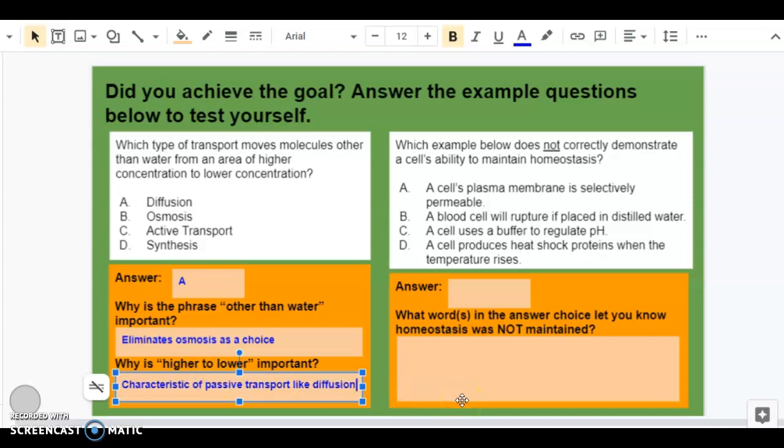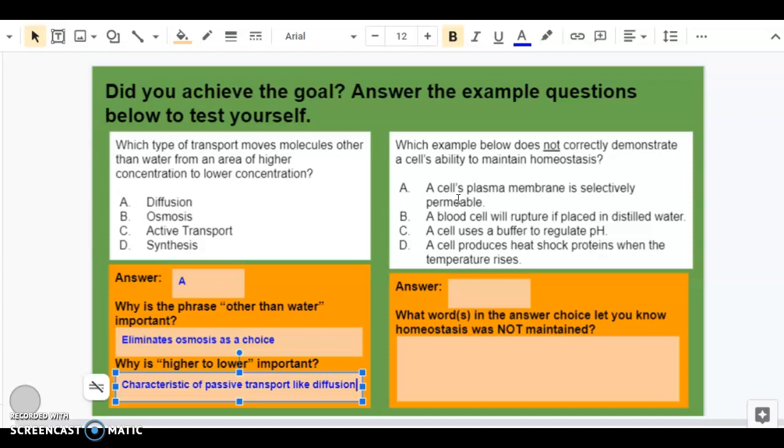Let's look at the next question. Which example below does not correctly demonstrate a cell's ability to maintain homeostasis? Does not demonstrate. So we want the one that does not show it. Let's look at the first option. A cell's plasma membrane is selectively permeable. That helps maintain homeostasis.